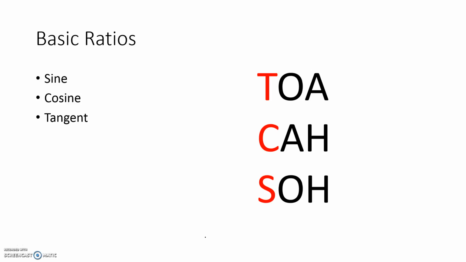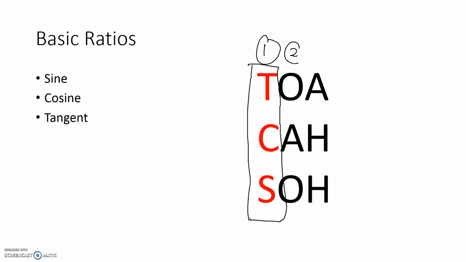Now, tua ka so is very easy to remember. The first three letters, TCS, relate to the ratios. T for tangent, C for cosine, S for sine. So the first letters refer to the ratios. Now, the second letter and the third letter form the trigo ratio.